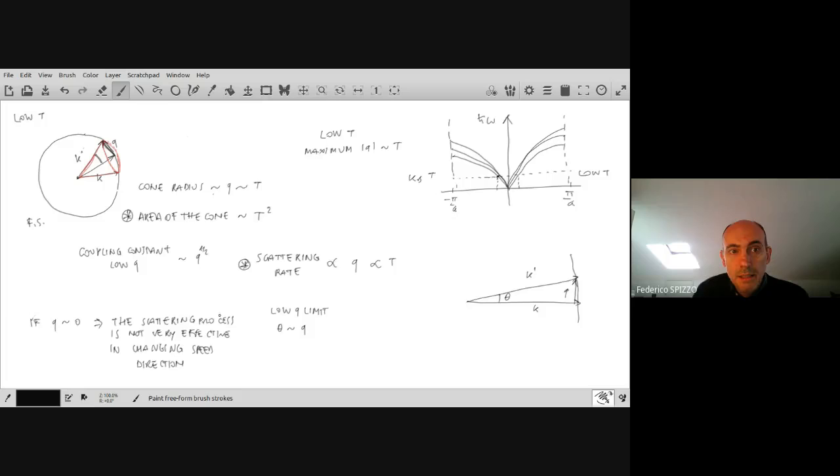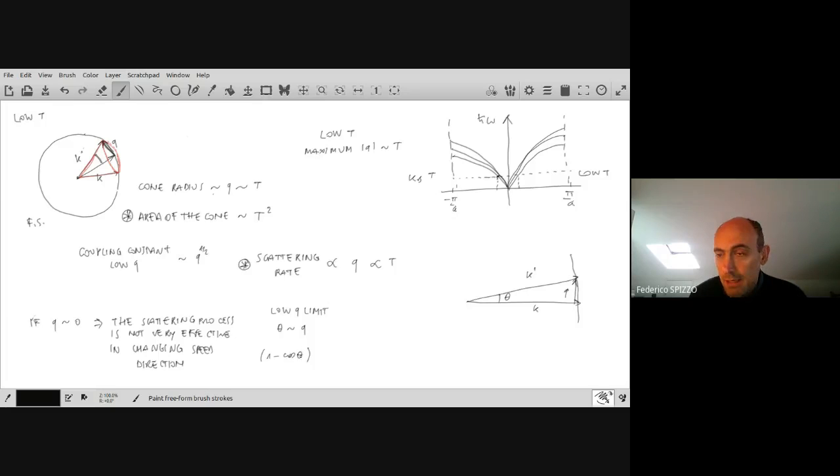In general, the coefficient that is used to estimate how effective the scattering process is in changing the velocity of the electron is 1 minus cosine of theta. So if theta is equal to 0, then 1 minus 1 is 0, so the process is not effective in changing the direction of the velocity.